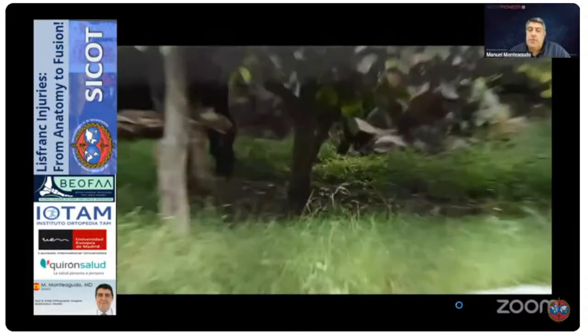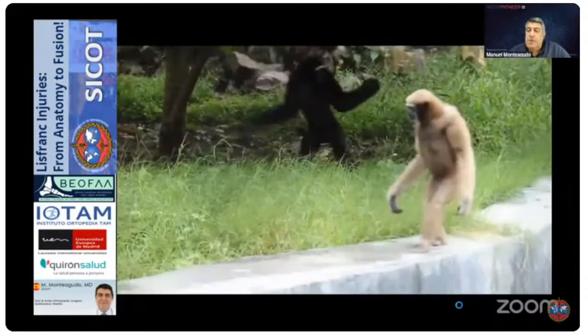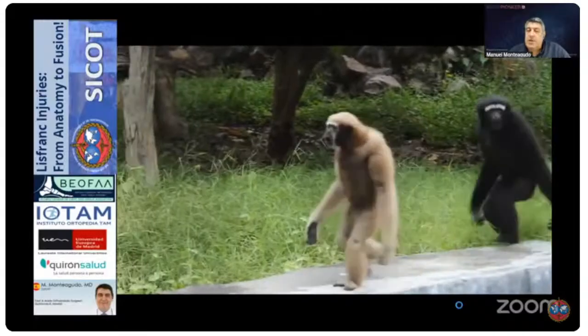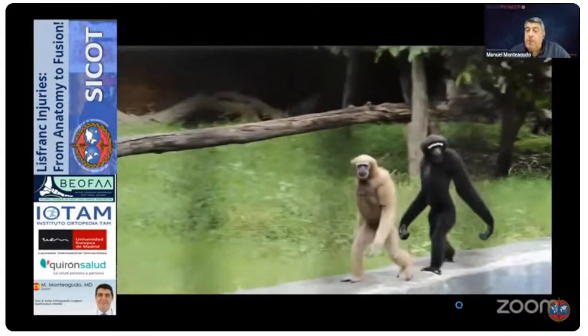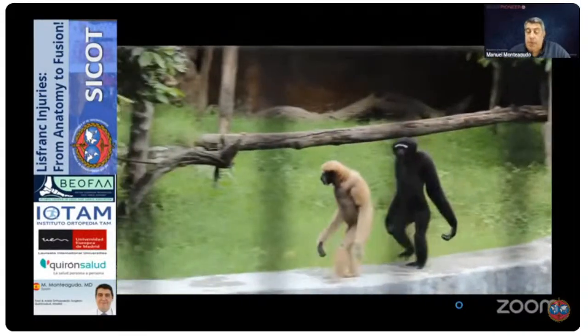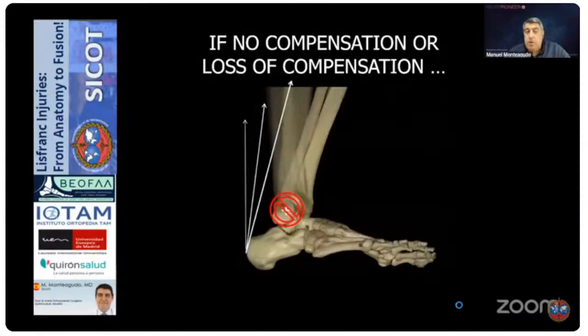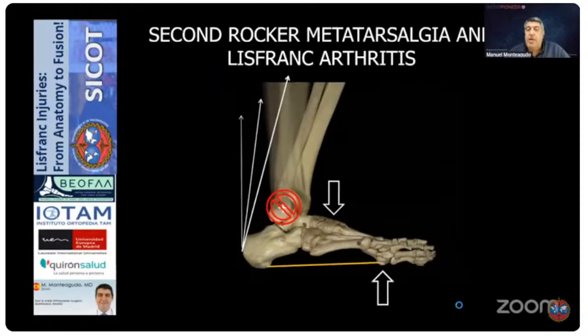Some of these creatures who adopt this bouncy gait and walk with flexed knees never develop arthritis in their midfoot. So those patients who cannot compensate, cannot adopt a pronation or a bouncy gait, do suffer from dorsal jamming of the Lisfranc.